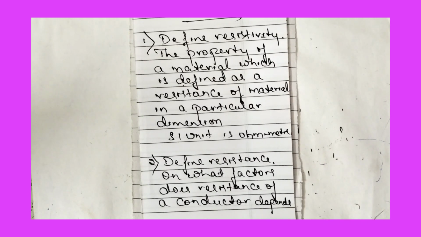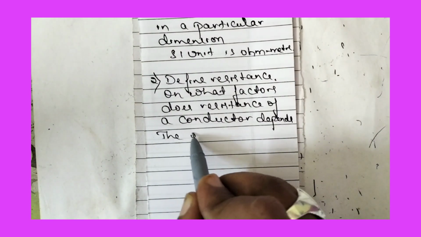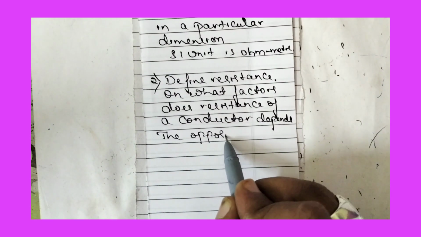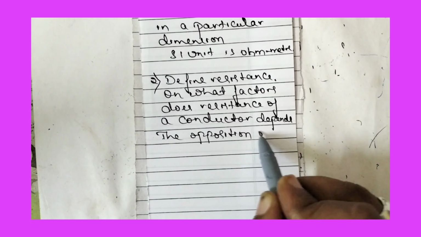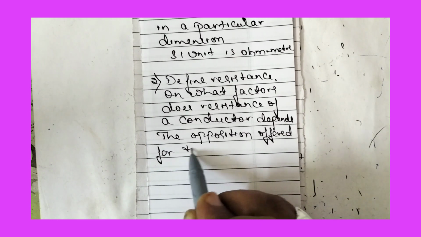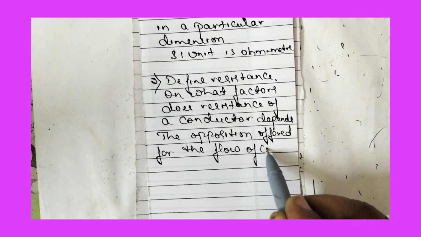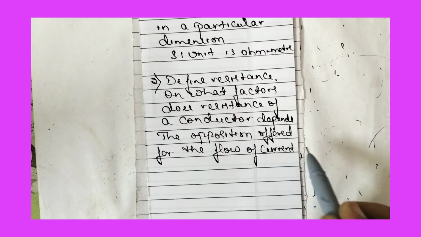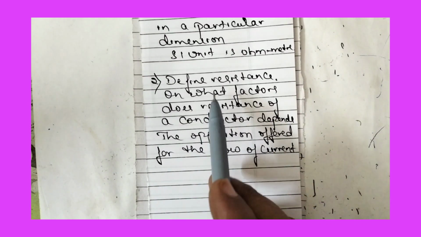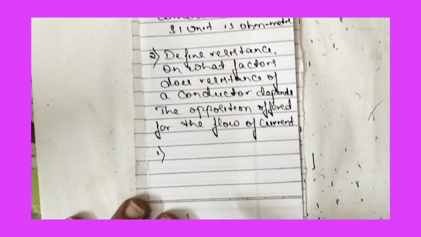So now the question is define resistance. On what factor does the resistance of a conductor depend? Define resistance: the opposition offered for the flow of current is called resistance.